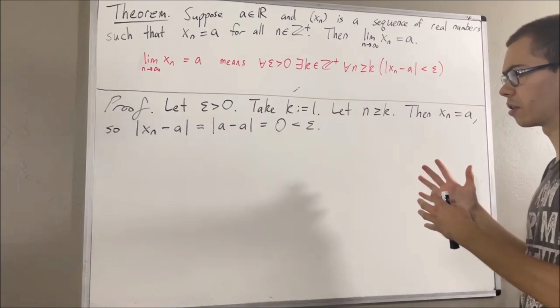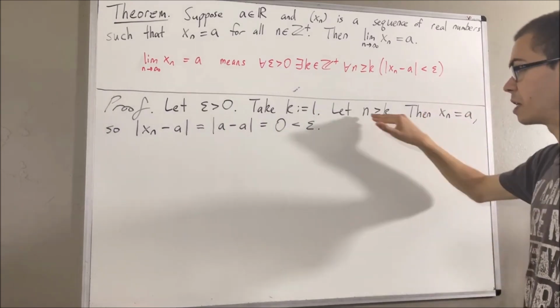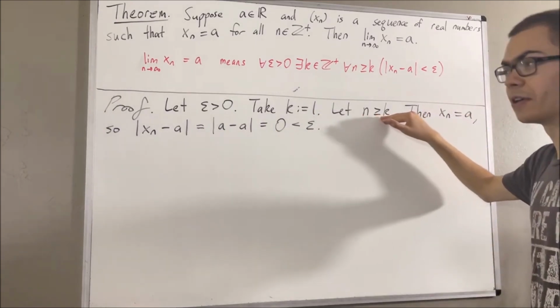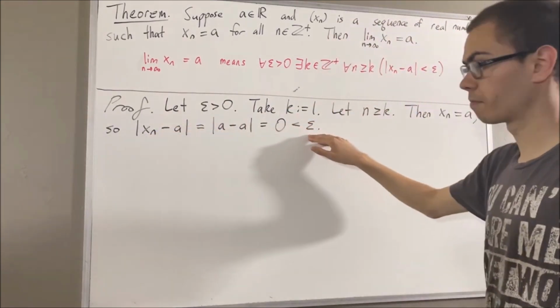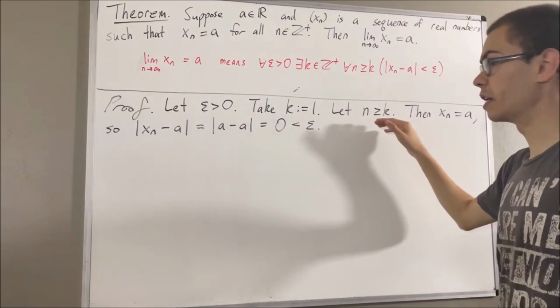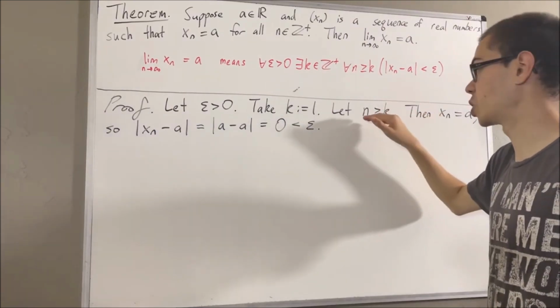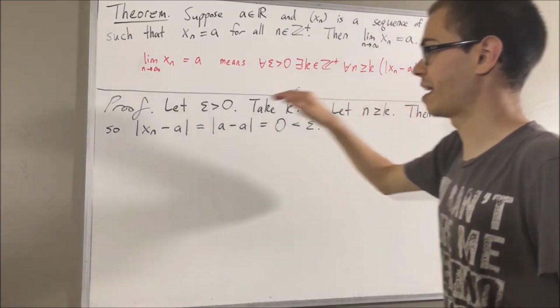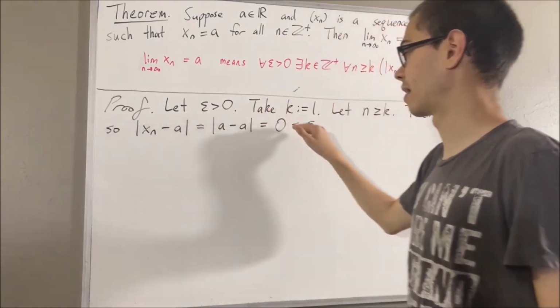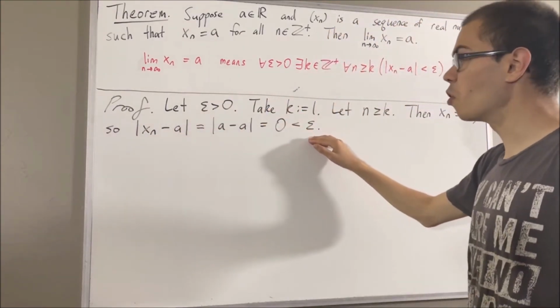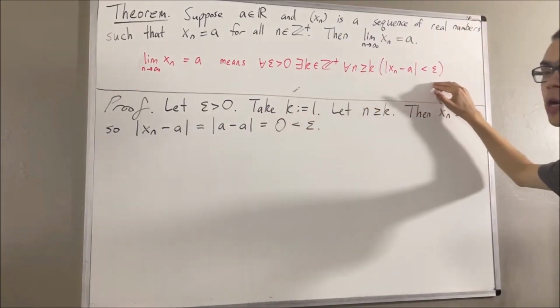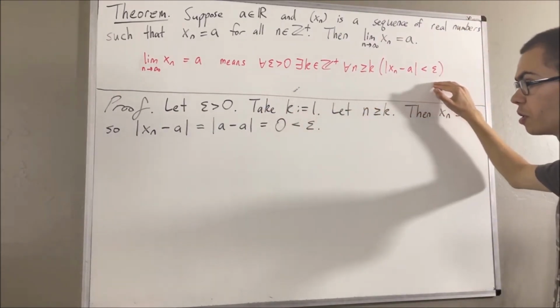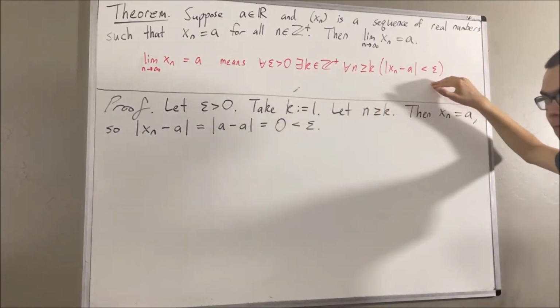Now let's put this together. We see that under the assumption n is greater than or equal to k, it follows that the absolute value of xn minus a is less than epsilon. Since n was arbitrary, this means we've shown for all positive integers n greater than or equal to k, the absolute value of xn minus a is less than epsilon. So we have found a positive integer, which makes this statement turn out true. So this is true.